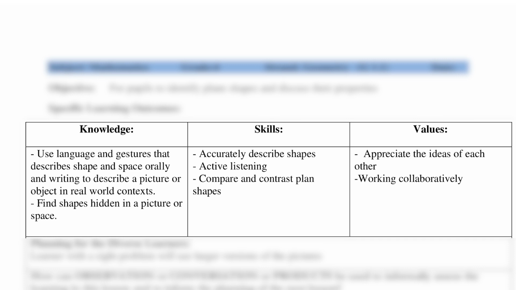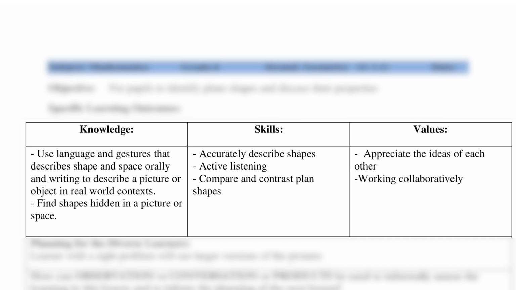Then I also want them to acquire some skills during this lesson. Some skills that I would like them to have. I would like them to accurately describe shapes. I would like them to practice active listening and be able to compare and contrast plane shapes.